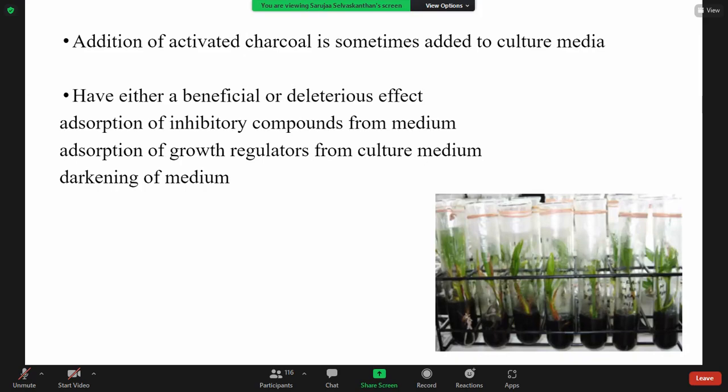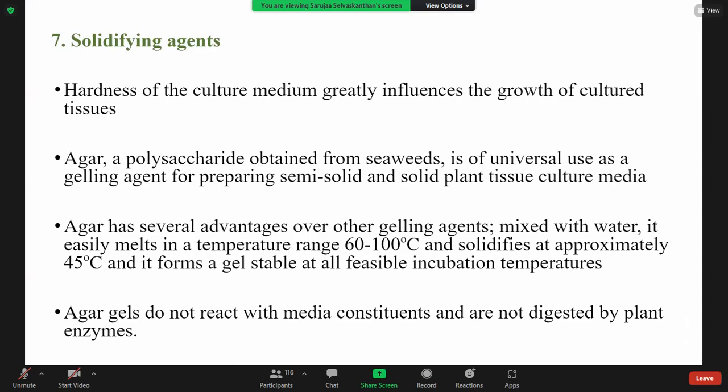But in addition to the inhibitory substances, there are chances of absorption of plant growth regulators. So in that situation we can't get the results we expect, right? That may happen. Why do we add activated charcoal? One is that it provides a dark condition similar to soil, so it stimulates rooting. And in addition, it absorbs the unwanted inhibitory substances, right?